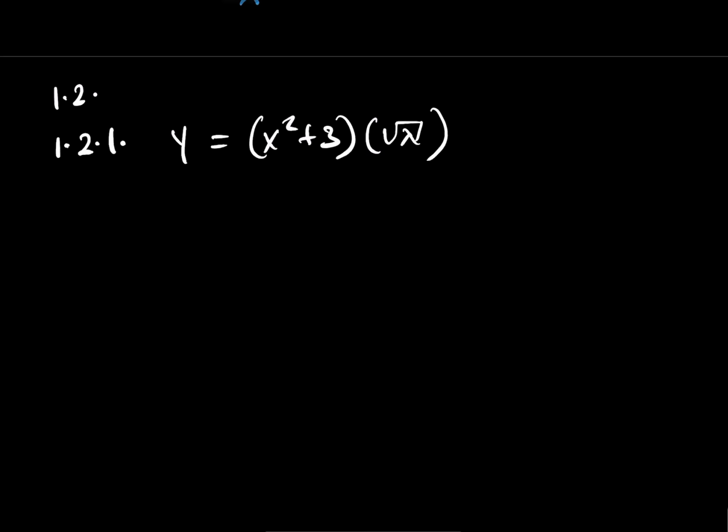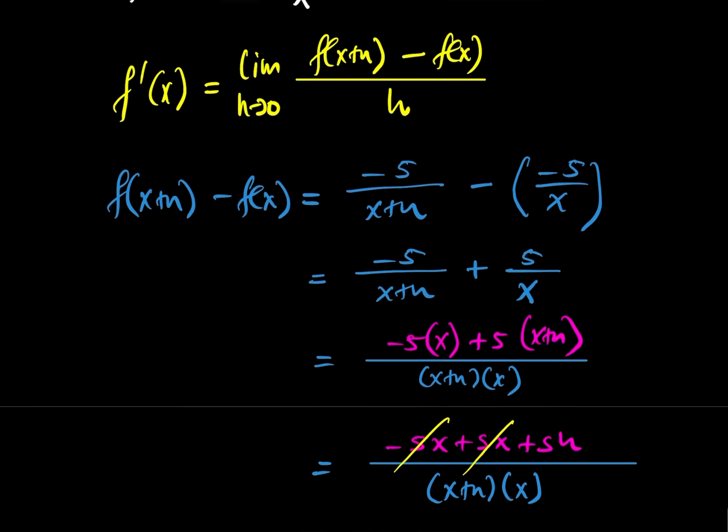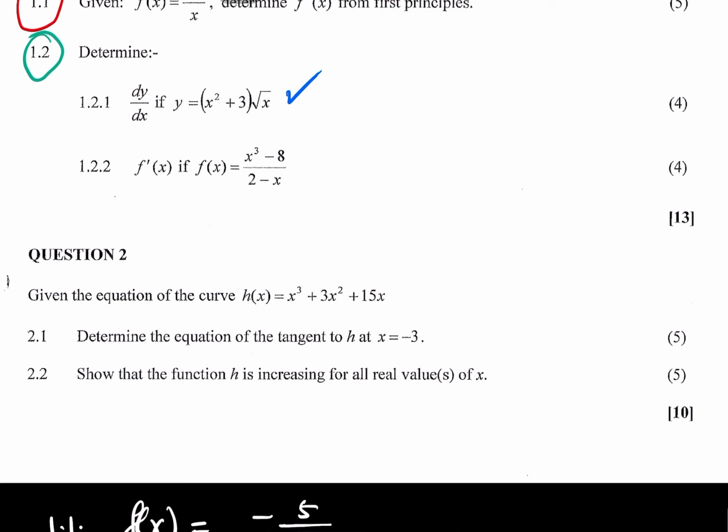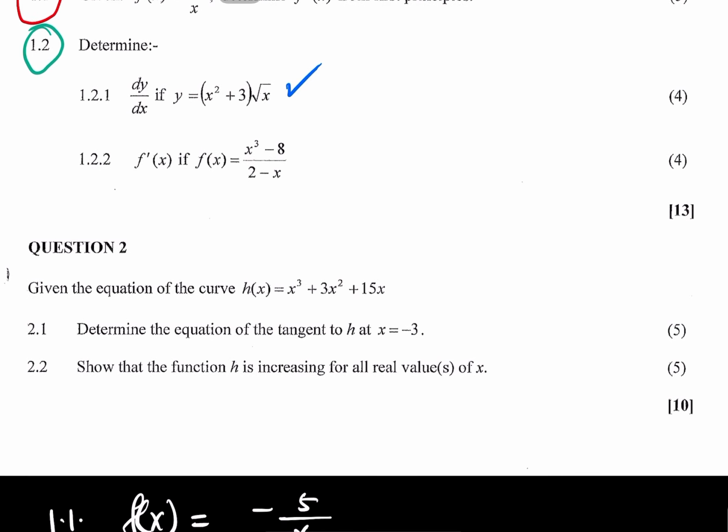So I'm going to write 1.2, we also have 1.2.1, and that is y equals x squared plus 3 times the square root of x.